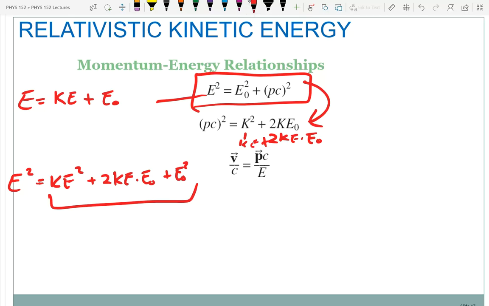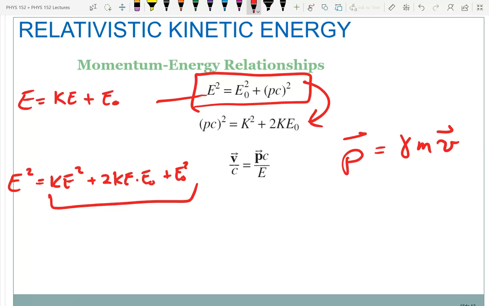The last thing of importance for today, I believe, is defining momentum. We already have momentum is equal to gamma mv. But what if we have something that has a rest mass of 0?